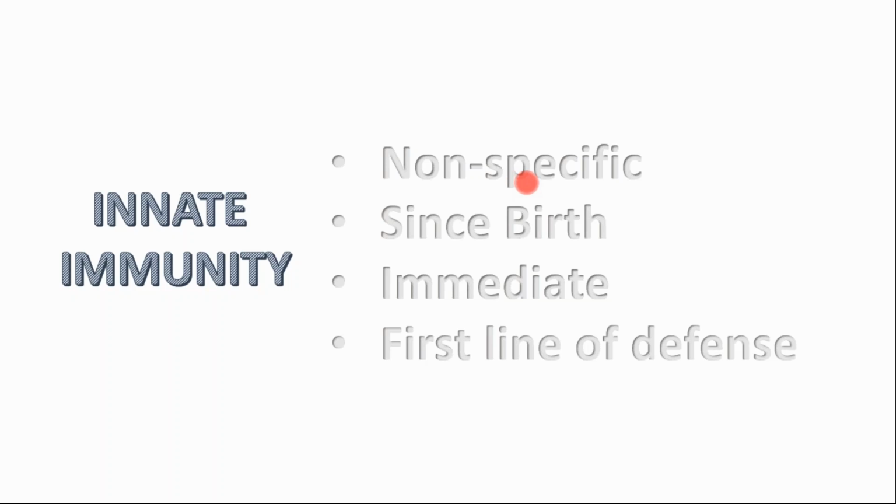Non-specific means it can kill any kind of bacteria and virus. It can react on any kind of bacteria, virus, or any kind of antigen. It acts as a first line of defense. Whatever antigen is entering our body has to cross through the innate immunity first in order to damage the body, and hence it is known as innate immunity.